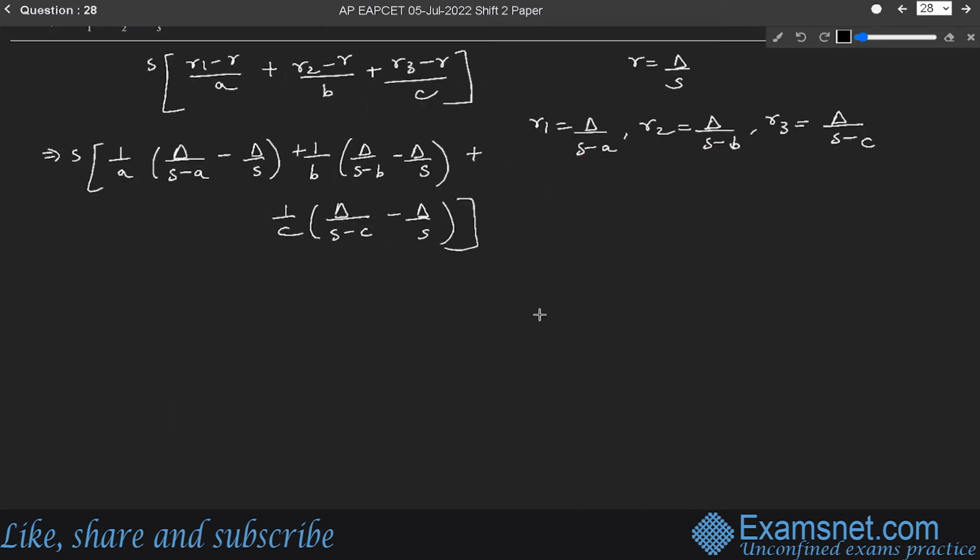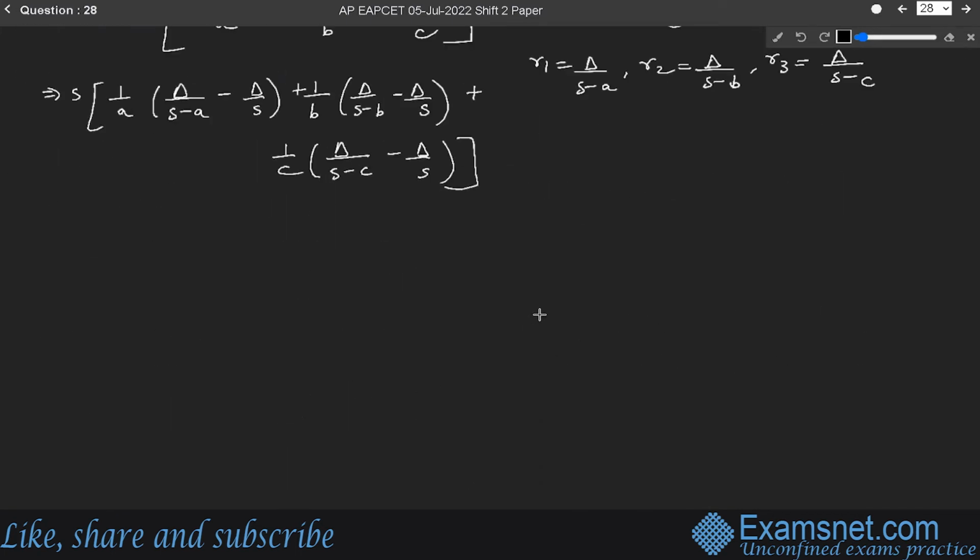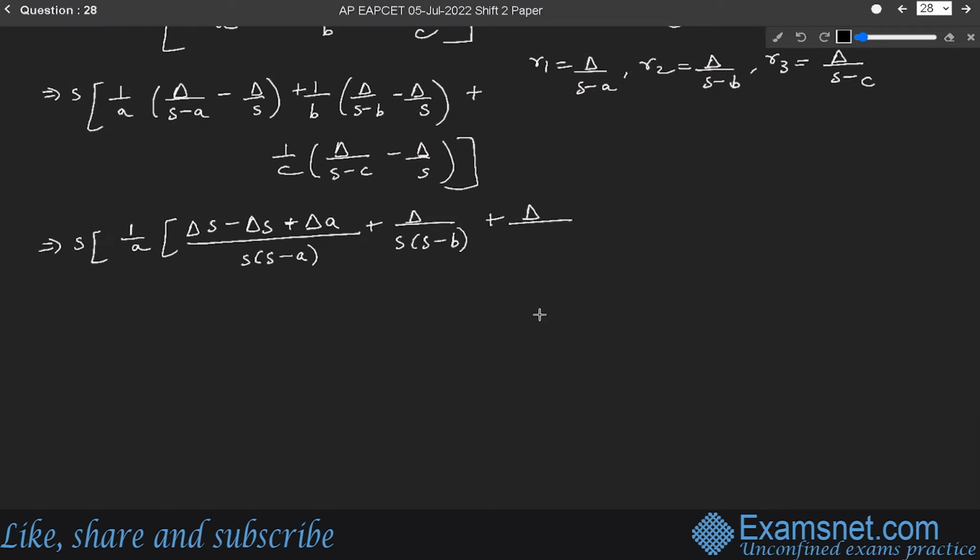On taking the LCM, this expression becomes s into 1 by a into (delta s minus delta a, minus and minus will be plus) divided by s into s minus a, plus delta upon s into s minus b plus delta upon s into s minus c. Here delta s minus delta s will be cancelled and a will be cancelled.